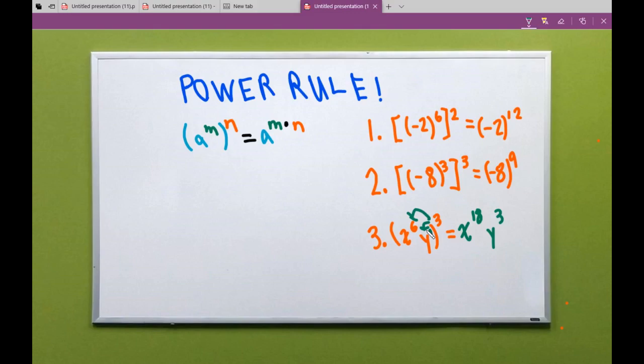Okay. Our fourth problem is x to the fifth power times y to the fourth power times z to the third power, and all of this is raised to the second power. Try this on your own.